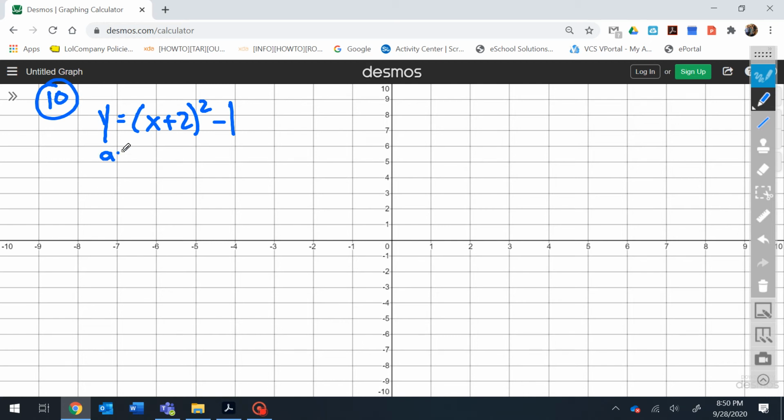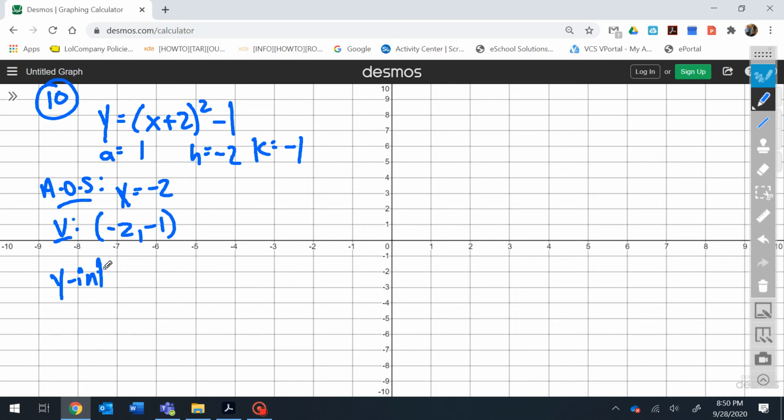So we're looking at our A, H, and K. A is 1, H is -2, K is -1, which means that our axis of symmetry is x equals -2, our vertex is -2, -1. Since this is in vertex form, all this information is coming for free. The y-intercept, however, I do need to substitute 0 for x.